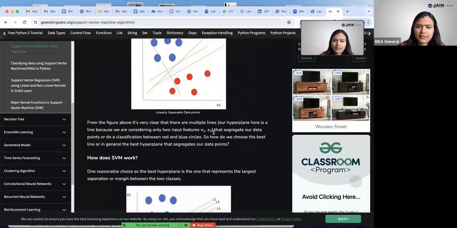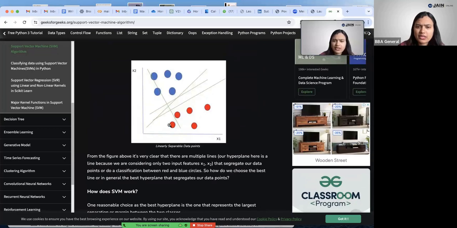So here, for example, if you see this data, you can see there are two types of data. One is shown with the blue dots, and another is shown with the red dots. So how can we separate this data?